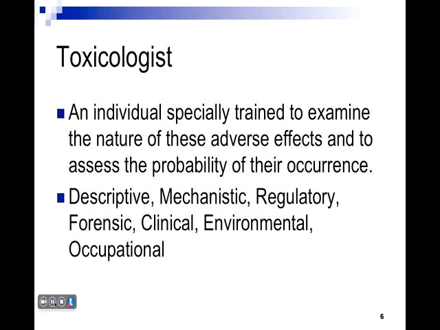A descriptive toxicologist is what most of the people that I went to graduate school with ended up doing. They work for drug or pharmaceutical companies, agricultural companies, and anytime you put a new chemical into commerce in the United States, it has to go through a safety assessment, and that's what a descriptive toxicologist will do.